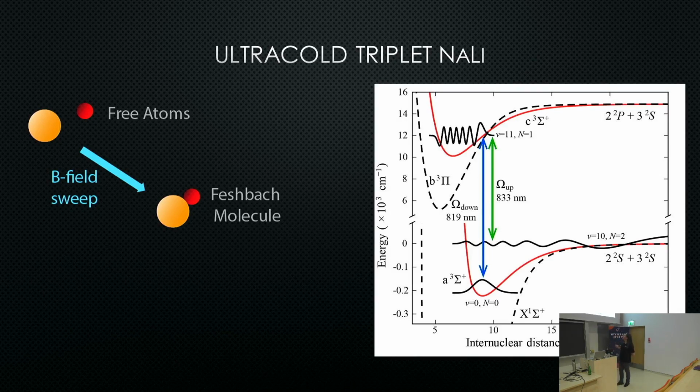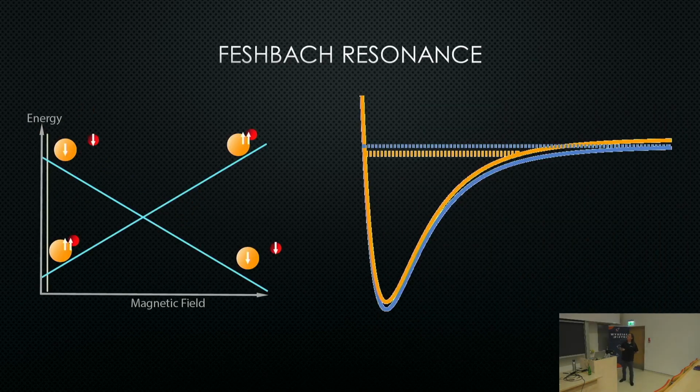So we follow this standard prescription that people have already mentioned, starting from Debbie Jin and Jun Ye's group. A magnetic field sweep to produce this weakly bound Feshbach molecule. And again, I'm just going to quickly run through because I know this is a well-worn path here. So when we have two states that cross as a function of some control parameter, in our case the magnetic field, if there's any coupling between them, we open an avoided crossing.